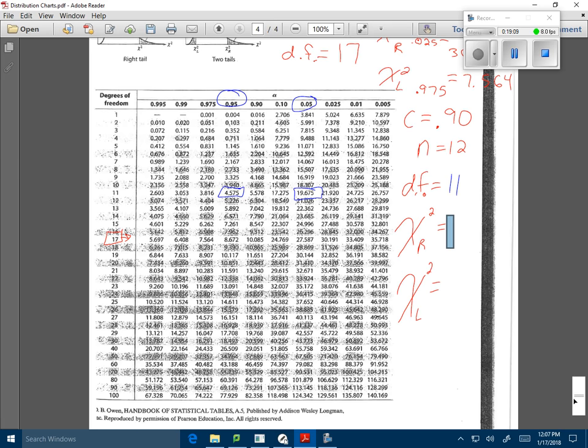Now you should take 1 minus 0.99 divided by 2, and 1 plus 0.99 divided by 2. So you should get 0.995. So we get 13.121. And 0.005 is 50.993.